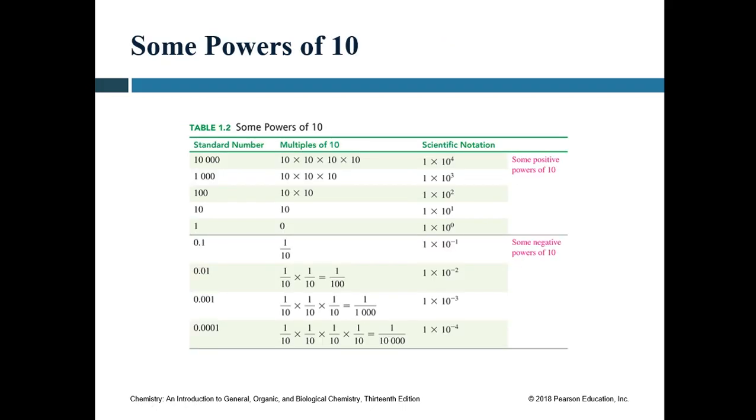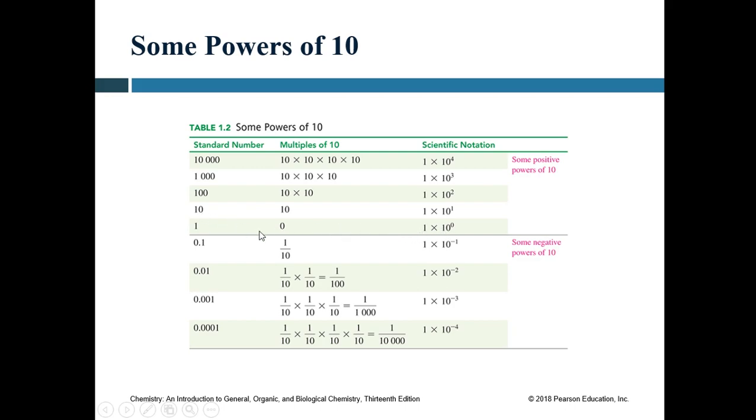You'll notice in table 1.2 some different powers of 10. 1 times 10 to the 4th is 10 times 10 times 10 times 10. And this one's kind of interesting: 1 times 10 to the 0 is 1. It's not 0. We don't move the decimal any places.